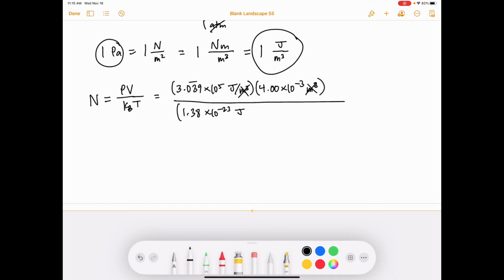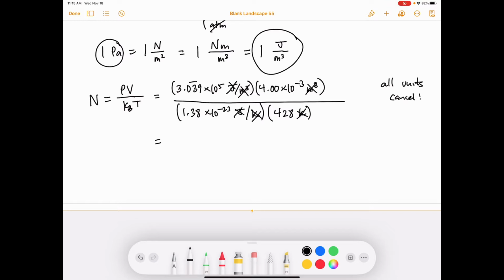The units are joules per Kelvin. So now we can see that joules cancel out here and here. And then we multiply that by the temperature, which is in Kelvin, 428. Notice how the units of Kelvin now cancel. All units have canceled.